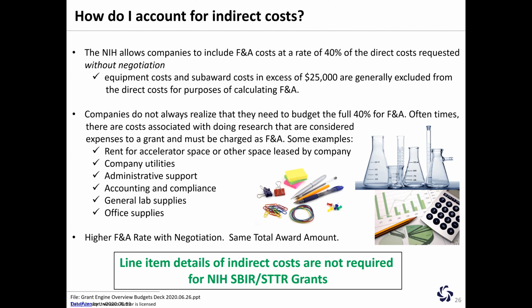Some folks don't, and then they come back to us and say, what the heck? We're not going to play Monday morning quarterback, but it's just a hard lesson that companies before you have learned, which is you need the F&A. So don't drop it down. And these are some of the costs that you have here.